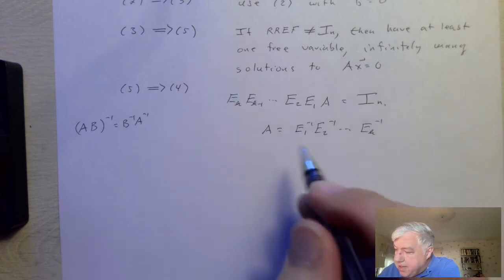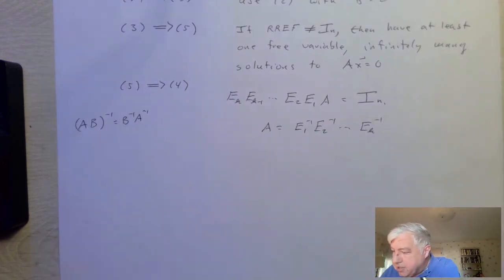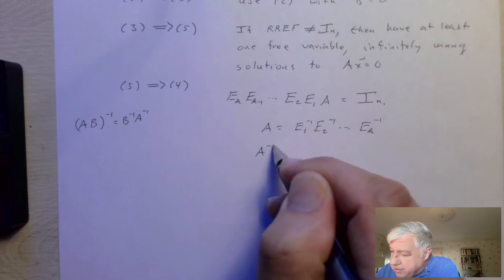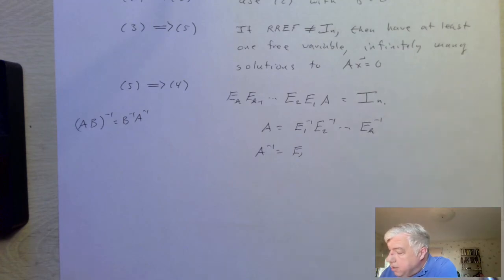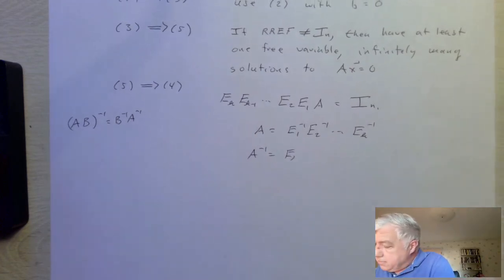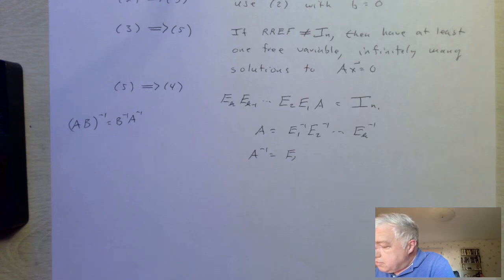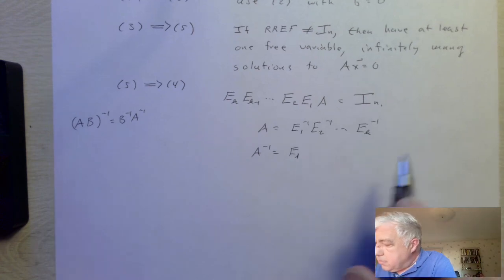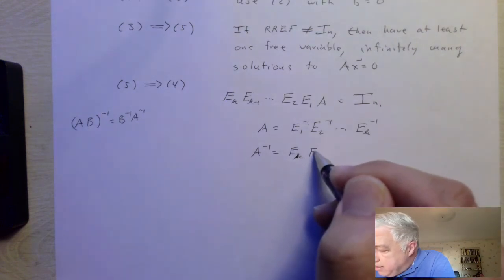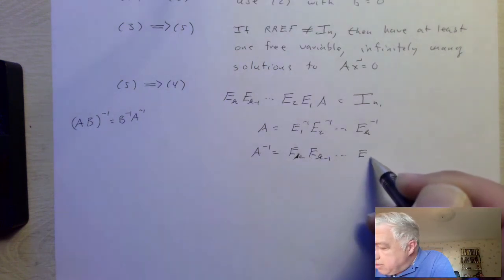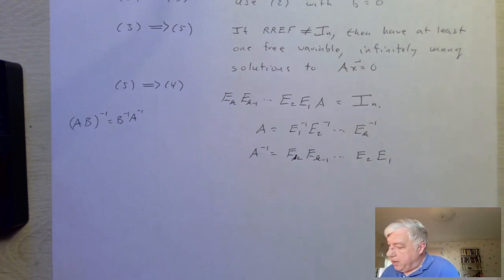We can generalize this a little bit and see that A inverse is going to be E_k, through E2, E1.